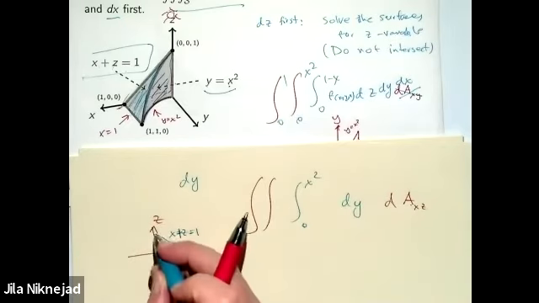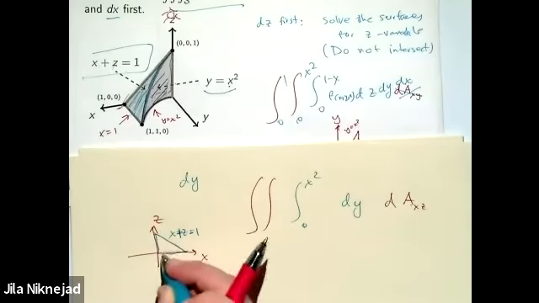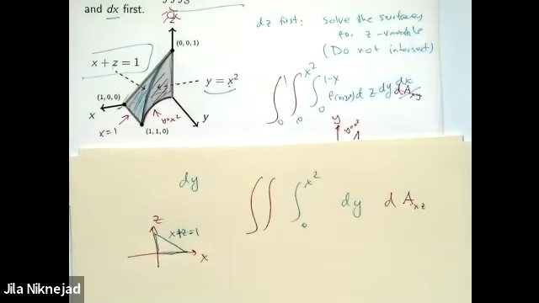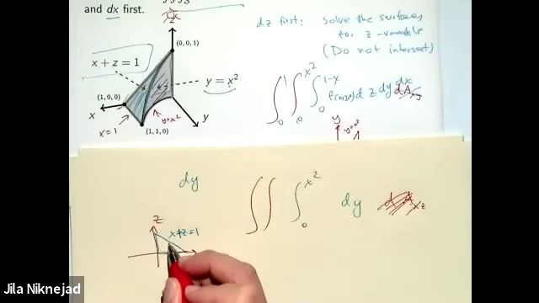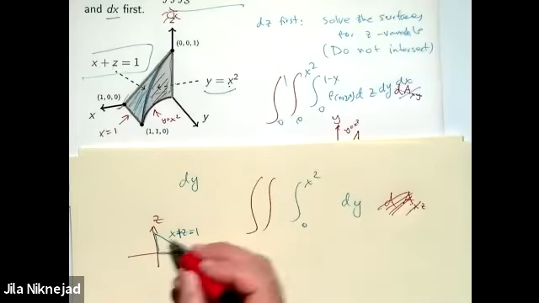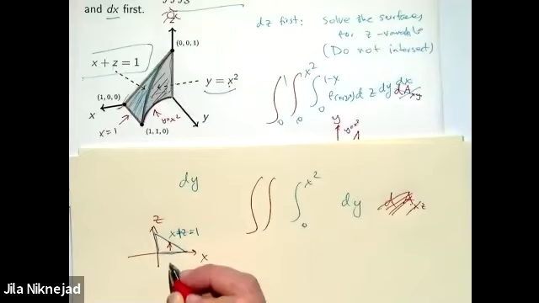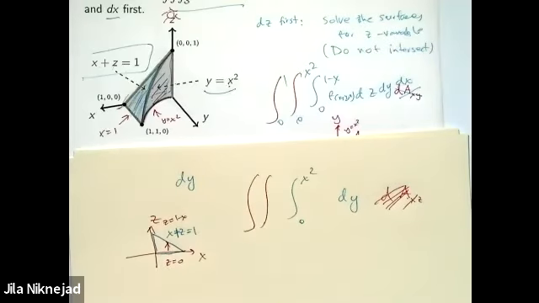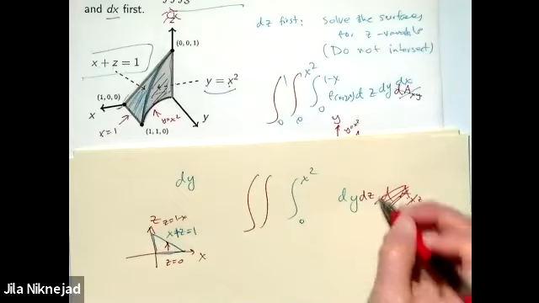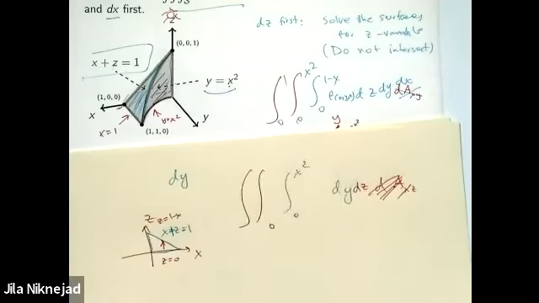Make sense? So now I have x plus z equal to 1, and the other ones are these. So far okay? Now, it doesn't matter which direction I want to go. Which direction should I go? Z. Z equal to 0 here, z equal to 1 minus x on top. So dz from 0 to 1 minus x.